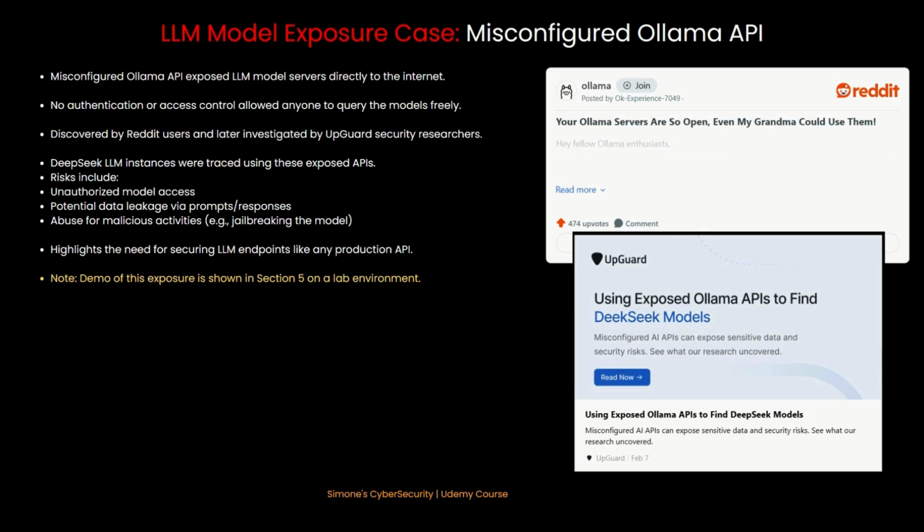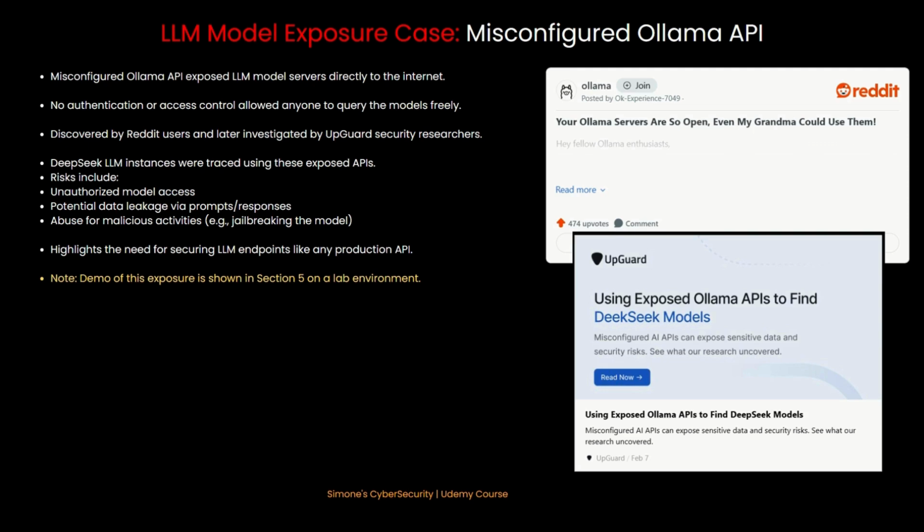So what this shows us is that LLM endpoints should be treated just like production-grade APIs. They require authentication and authorization, input-output validation, logging and alerting, and least privilege access by design.